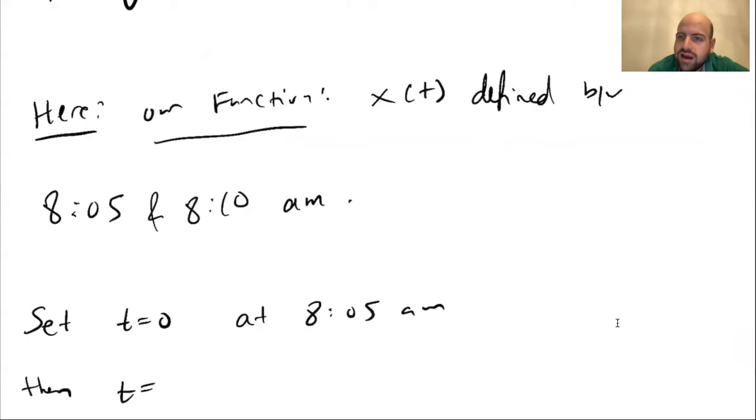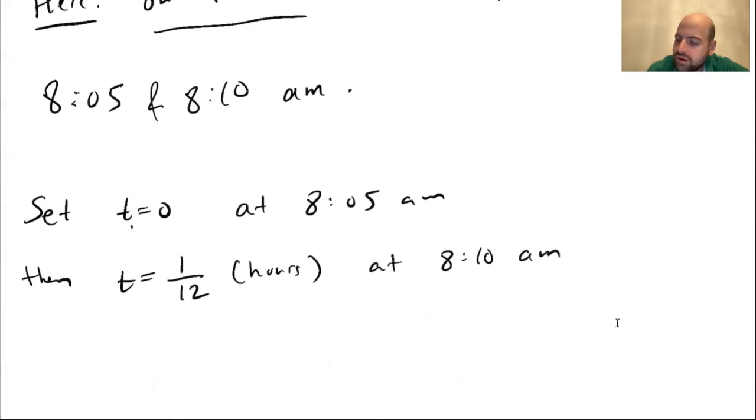Because we want everything in hours, it will be 1/12, right? 5 minutes means 1/12 hours at 8:10. So this is t1 and this is t2.